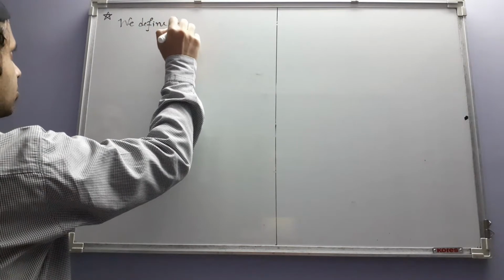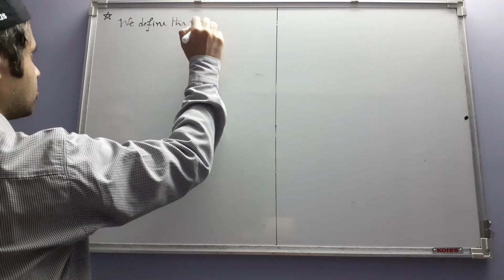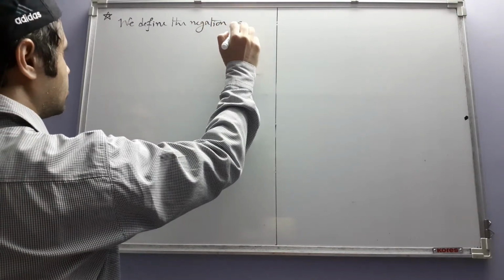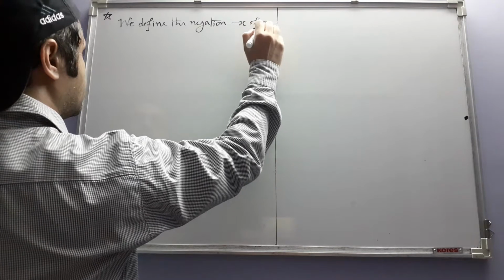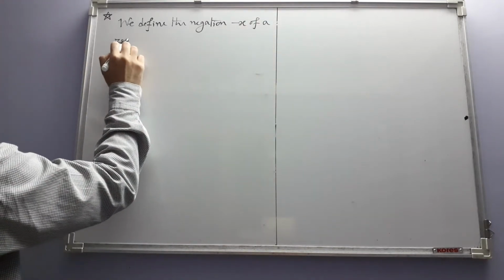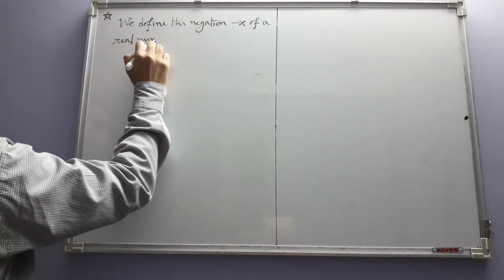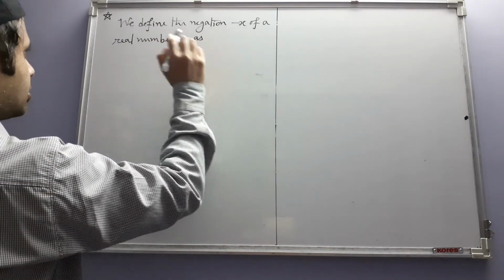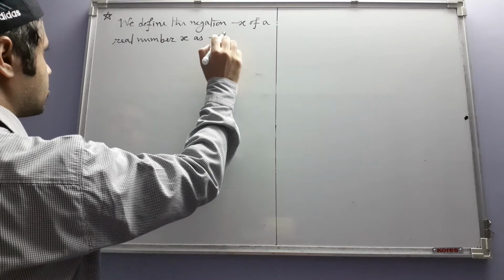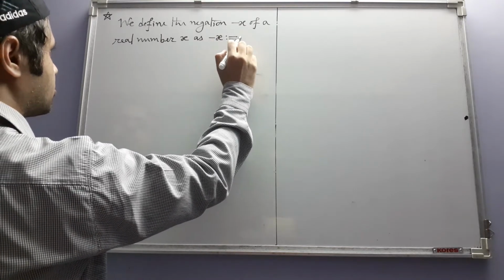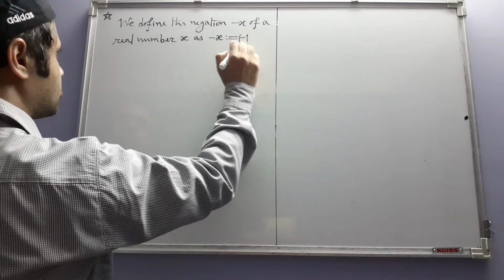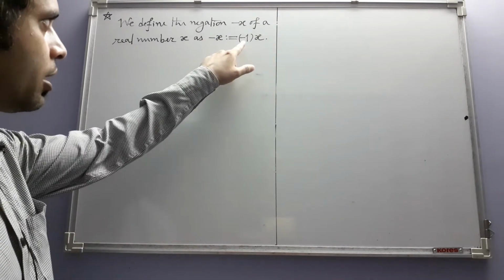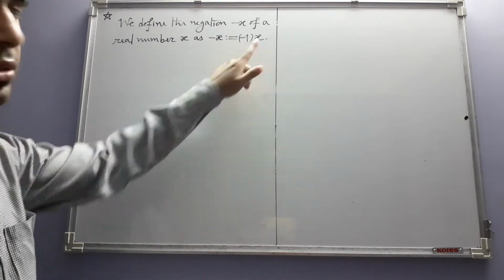So we start our discussion like this. We define the negation minus x of a real number x as this, which is the product of minus 1 and x.